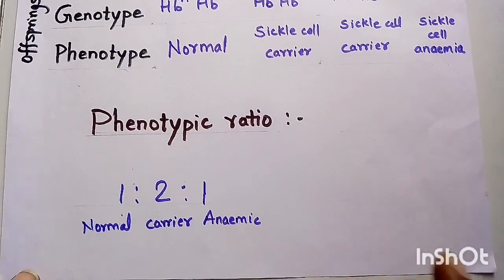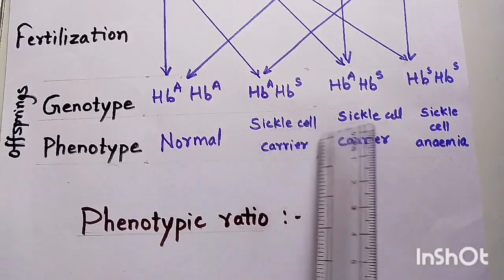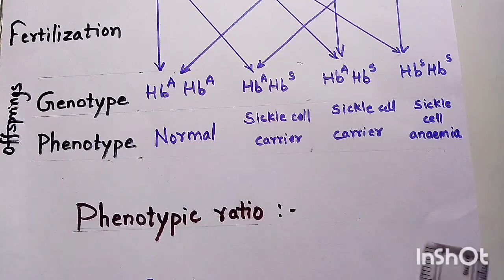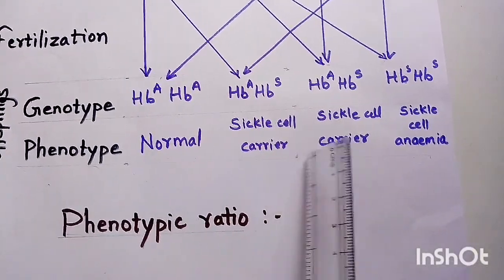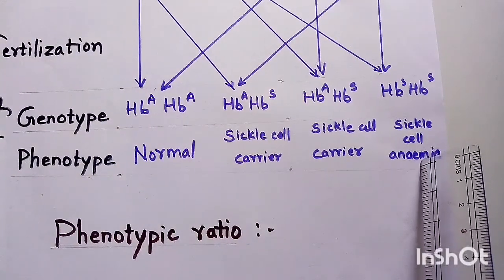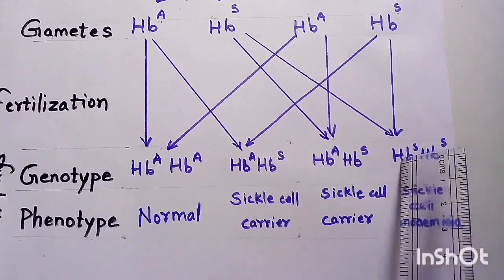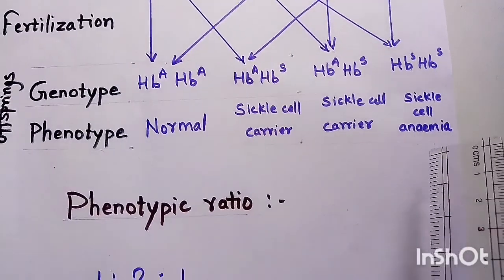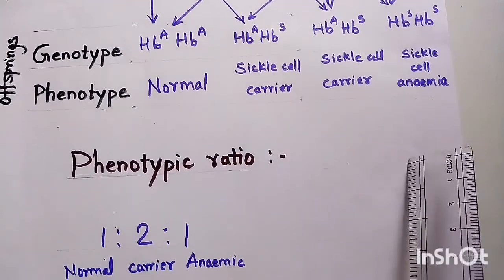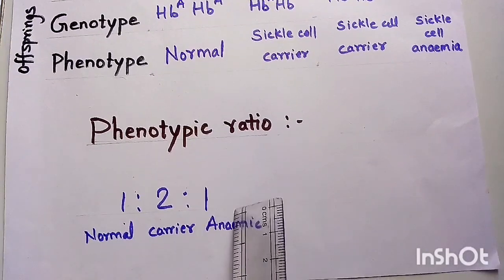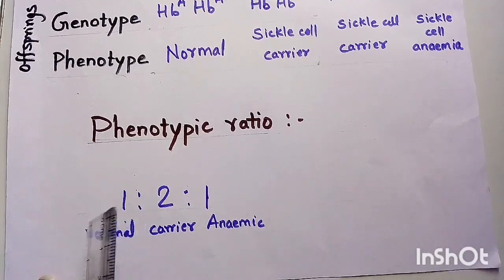But as we have already said, when the individuals are carriers, they will show mild anemic symptoms and they will carry the trait for that disease. But when a sickle cell anemic person carries recessive genes in double dose, it becomes lethal and causes the death of the individual. So what happens when the ratio is 1:2:1? The normal one does not have any problem.